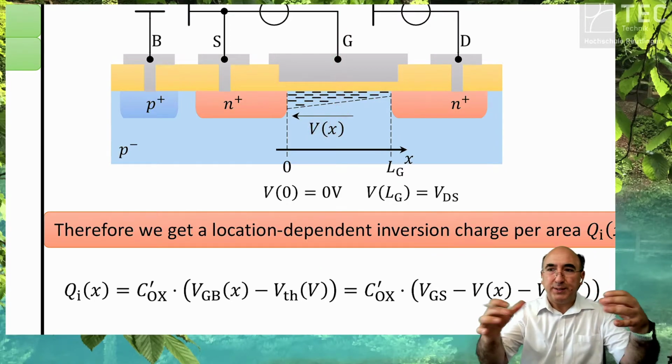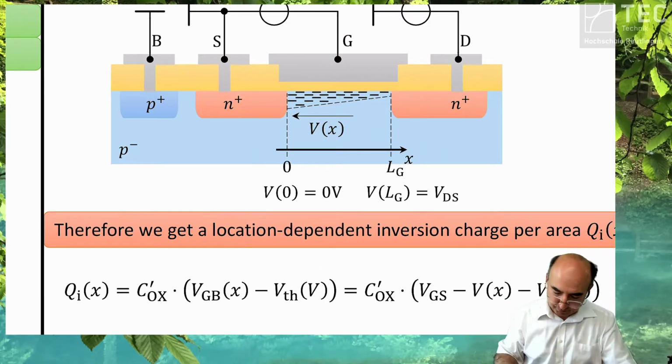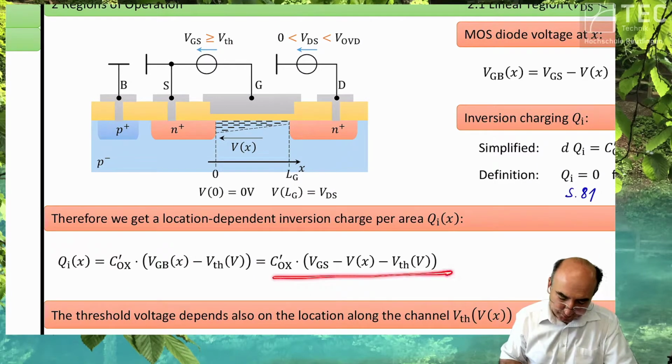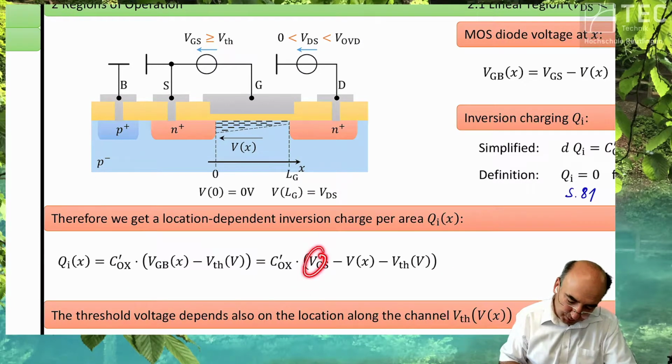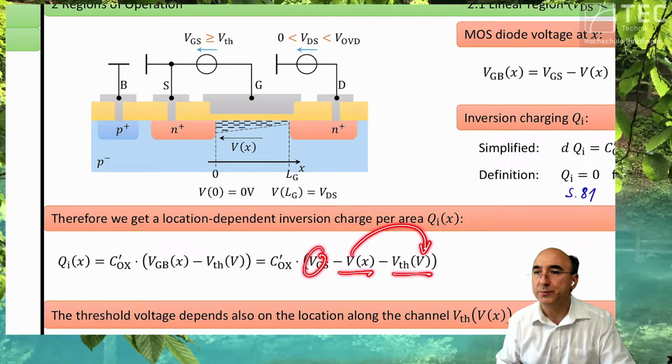So we put all these dependencies together here. We have the gate source minus the location voltage and the threshold voltage, which is again a function of the voltage.